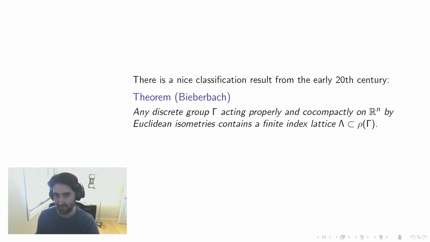Lattices in isometries of R^n are just Z^n, basically: n linearly independent translations, the group generated by those.